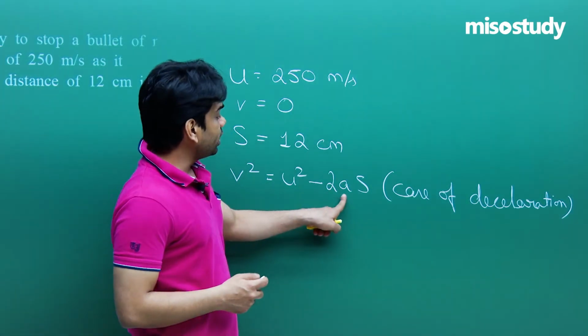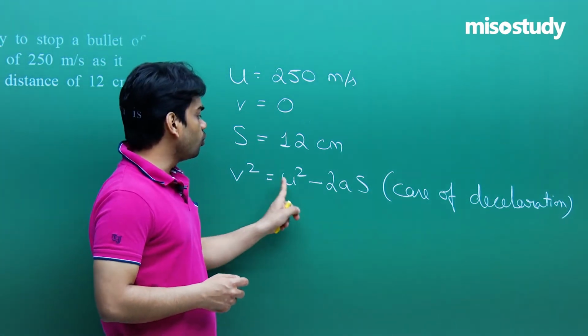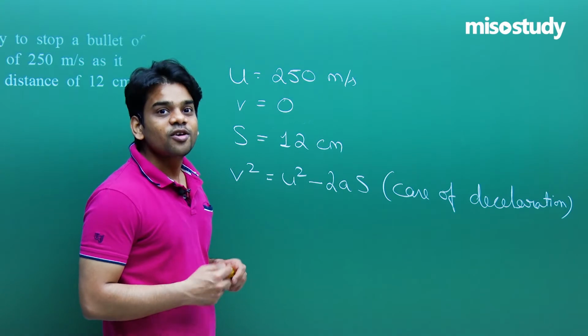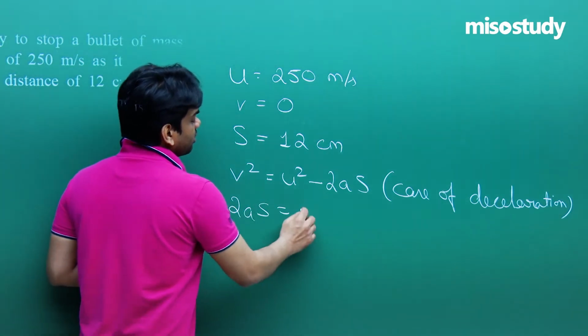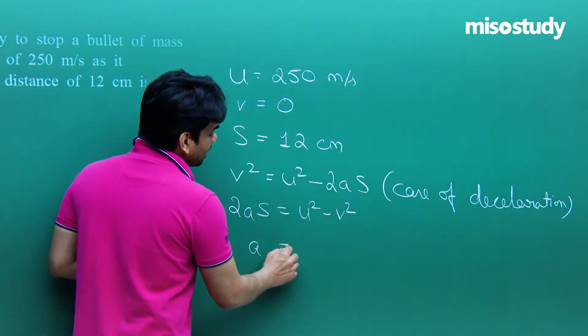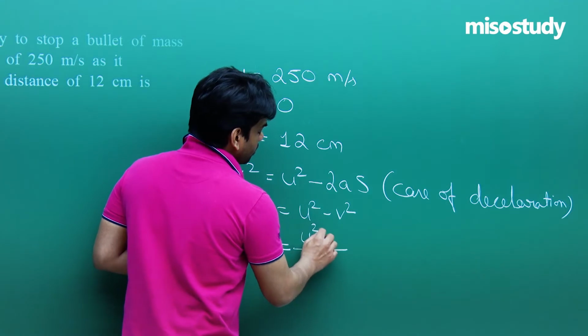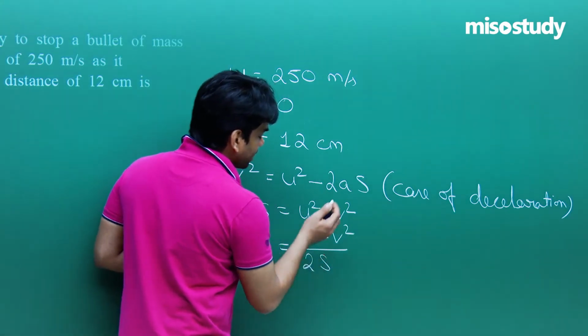So we need to find out the deceleration produced. All the values we are aware of. S, U, V, we are aware of all the variables' values. So 2as can be written as U square minus V square. From here, a, that is the deceleration produced, will come out to be U square minus V square upon 2s.